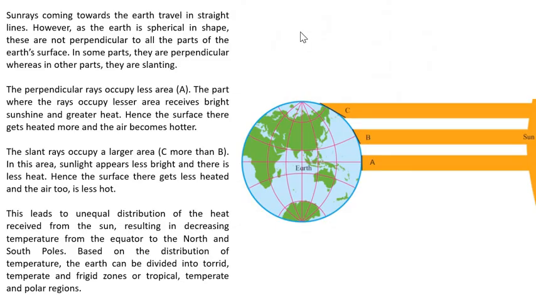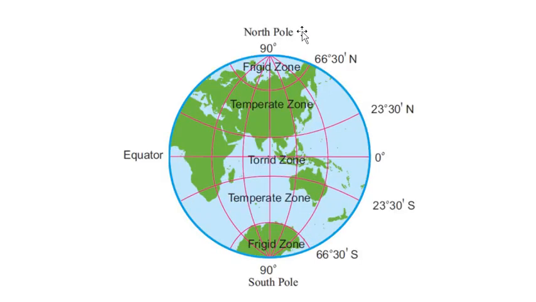Next, in our last class, I discussed the various zones on earth: torrid zone, temperate zone and frigid zone. Remember, I discussed it quite briefly. Here I am going to tell you the actual reason why we do this demarcation.